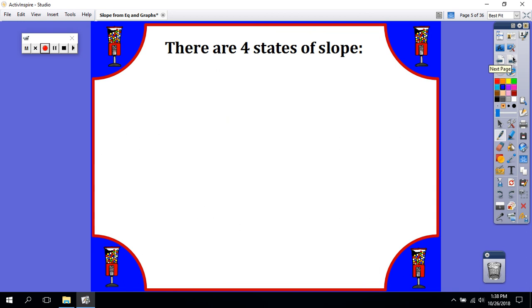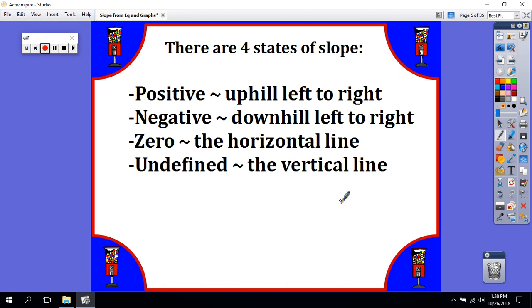All right, 4 states of slope. We have positive slope, which goes uphill from left to right. Fill that one in. This one goes in your notes. We have negative slope, which goes downhill from left to right. We have zero slope, which is a horizontal line.